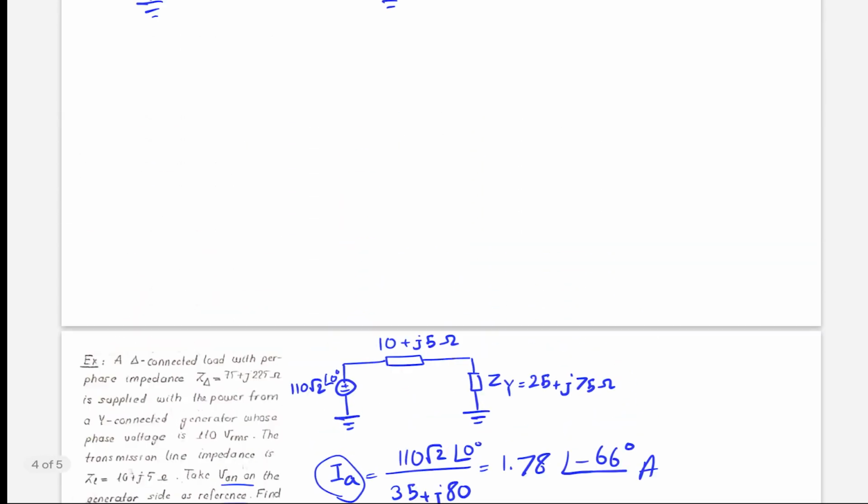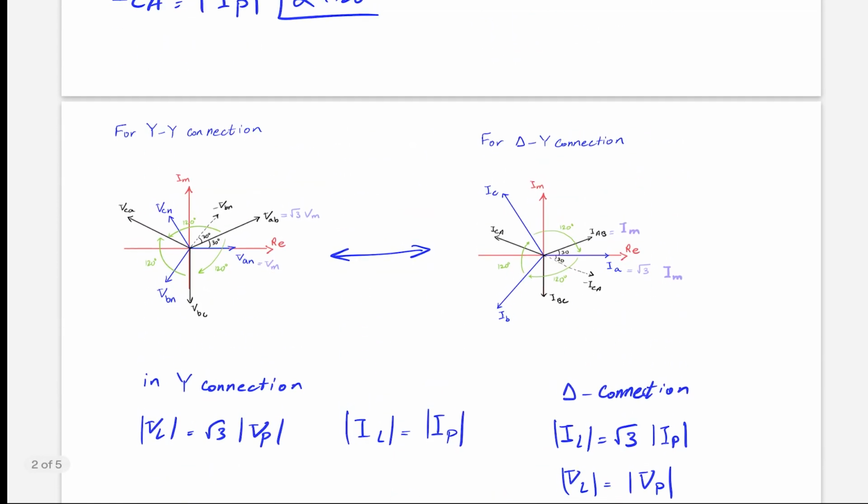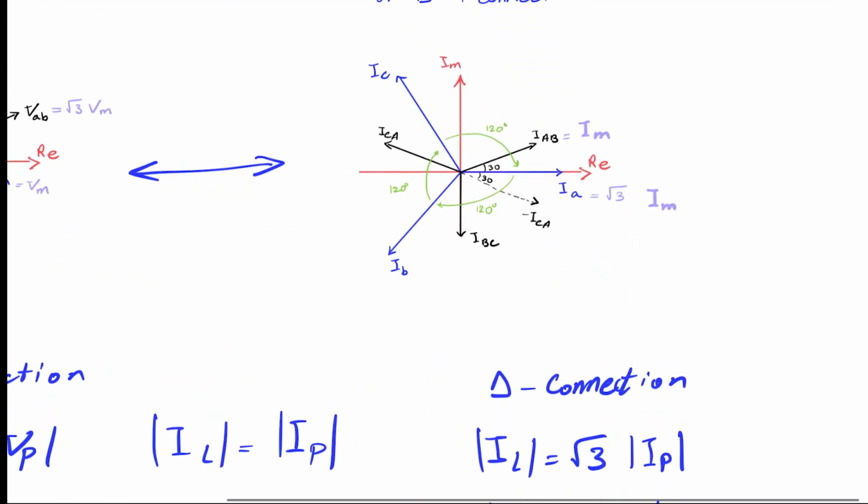So here we have this and we want to find this one. How can we find it? Well, the phase will be shifted by 30 degrees. We will add 30 degrees of phase, and also the magnitude will be shrunk by 1 over radical 3, right?